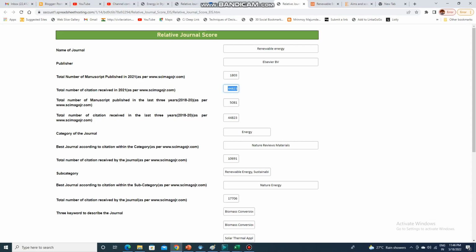But if you use the relative citation, then you can find that Renewable Energy is not a very good journal compared to Nature Materials. So whenever you introduce this relative term in the journal evaluation process, you can get a better evaluation idea, or you can make a better decision than the decision you will make by comparing the citations of the journal.